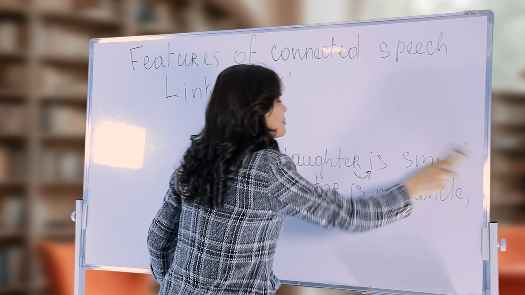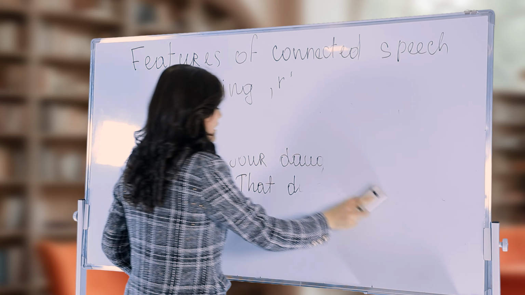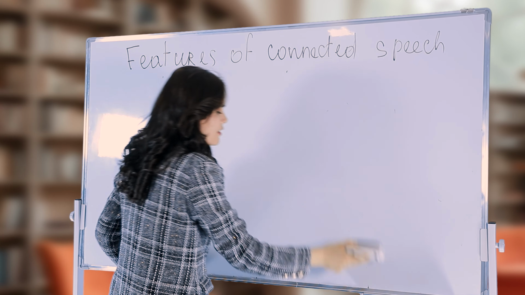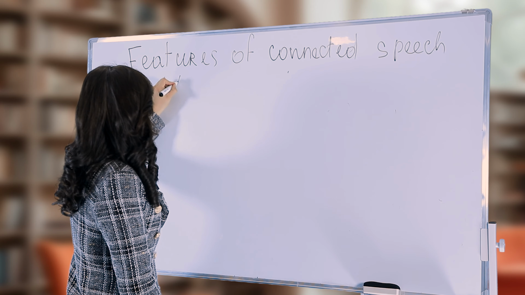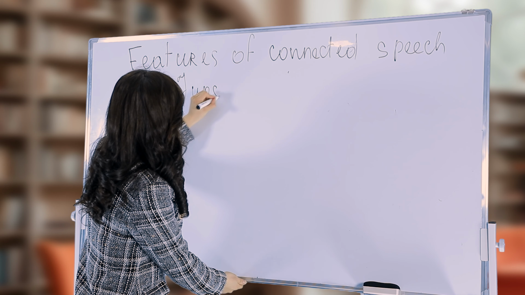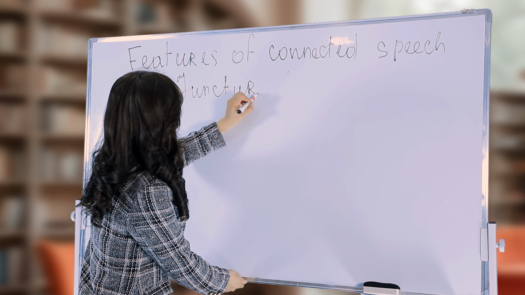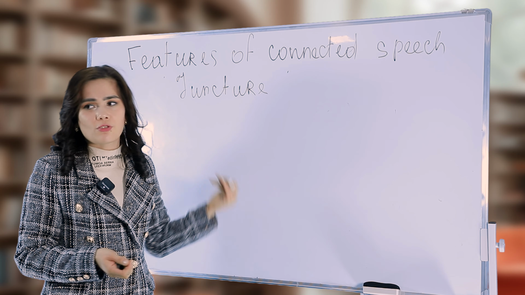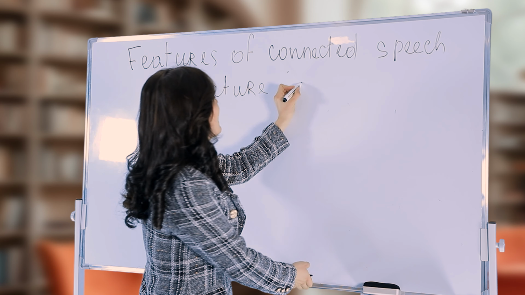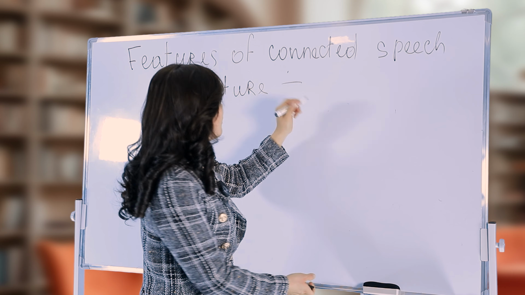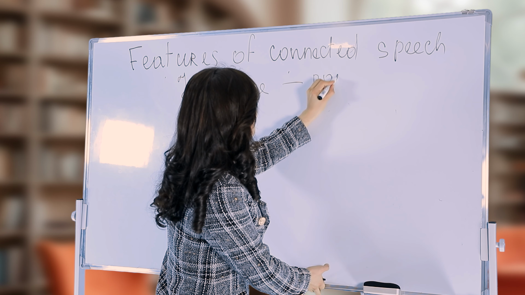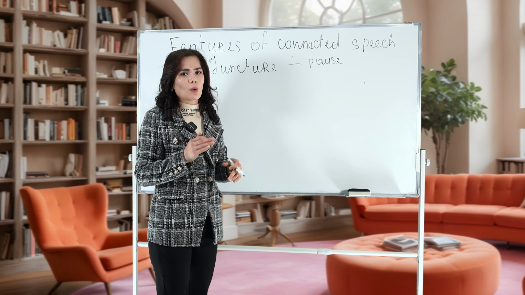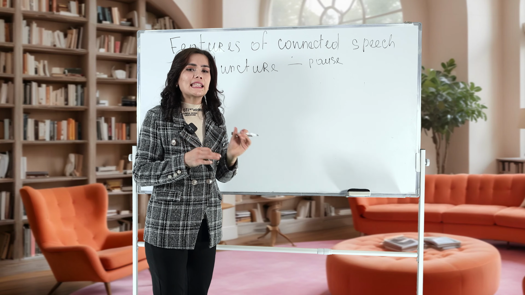So let's move to the last feature of connected speech that we're going to look through in this video. It is called juncture. Most students who have never seen this word can have a question: what is juncture? Juncture is an aspect of fluent speech which is observed with a pause, particularly with words that are pronounced in a similar way.